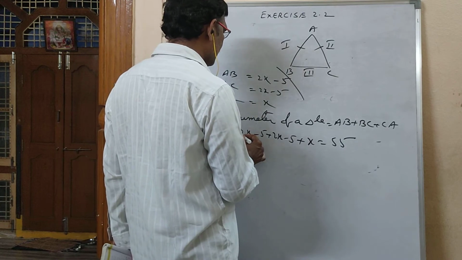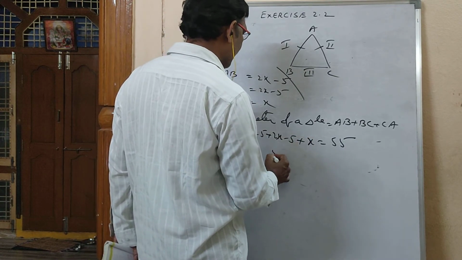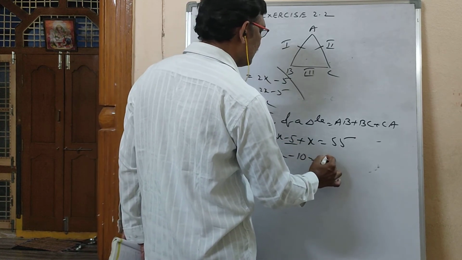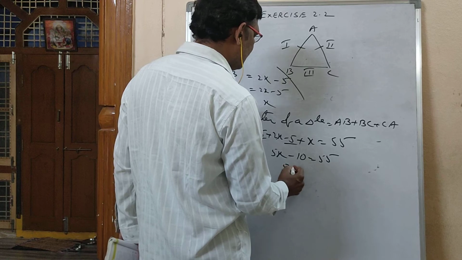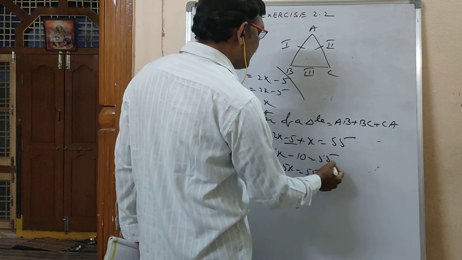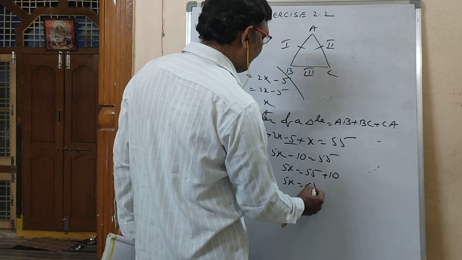Now like terms. 2x plus 2x is 4x. 4x plus x is 5x. Minus 5 minus 5 is minus 10, equal to 55. 5x is equal to 55 plus 10, transposing to that side. 5x is equal to 65.